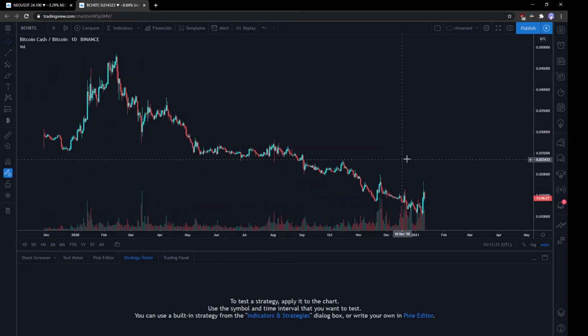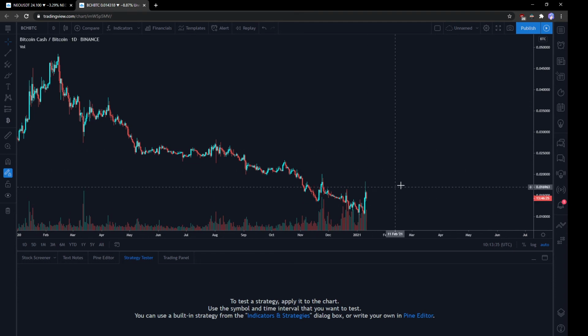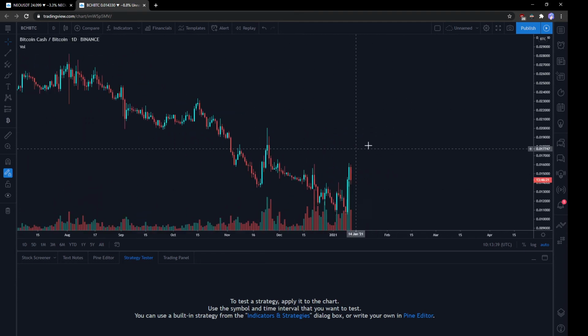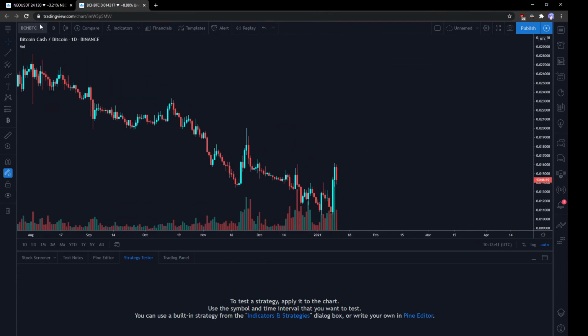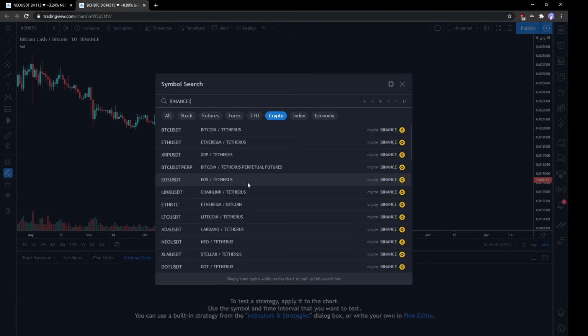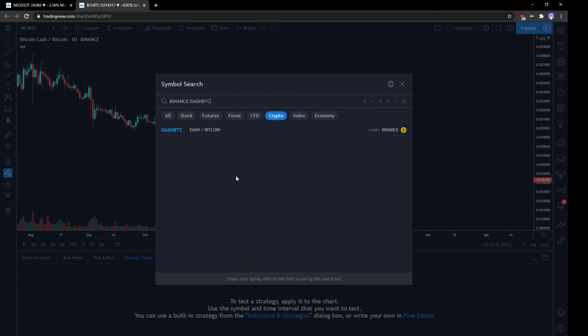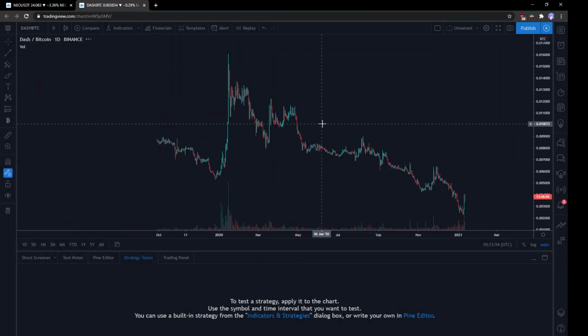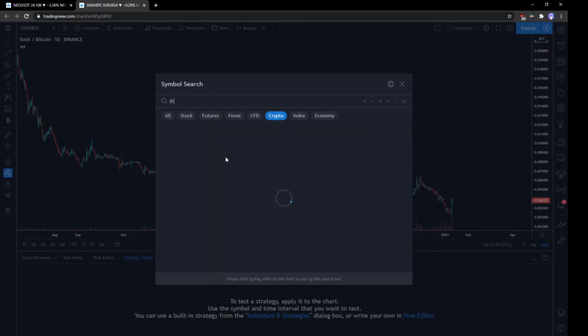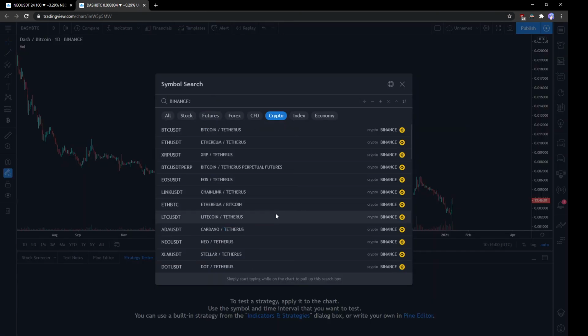So maybe if in a few days it starts to get some volume and some upwards action, why not? Dash BTC, let's see. Same thing. So it's a bit early, I think, to call for an altcoin market.